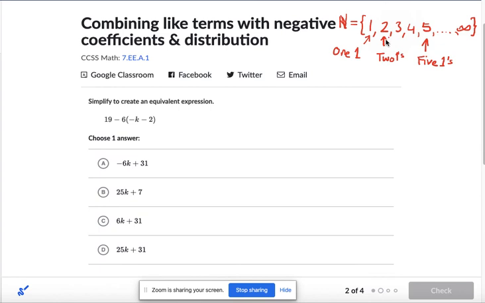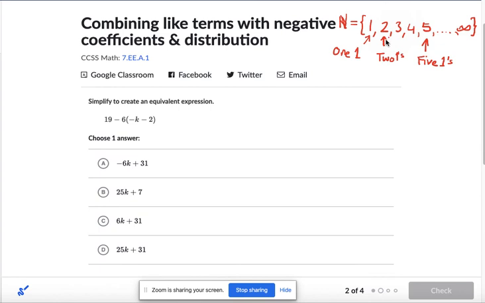To prove that's true, look at it from the other perspective. 4 plus 5 is 9, so we can look at it as 3 times 9, which we also know is 27. So distribution works as well. This is all the tools you need to start combining like terms with distribution.